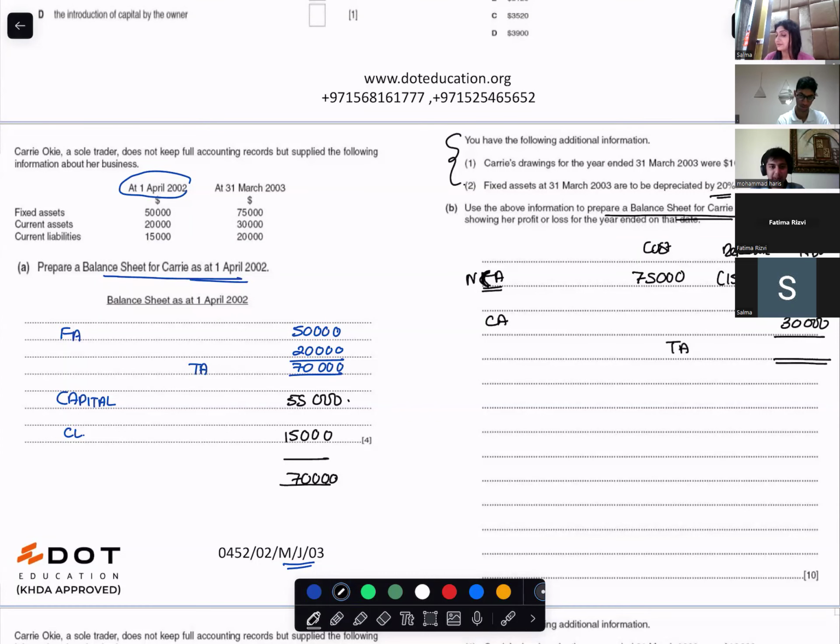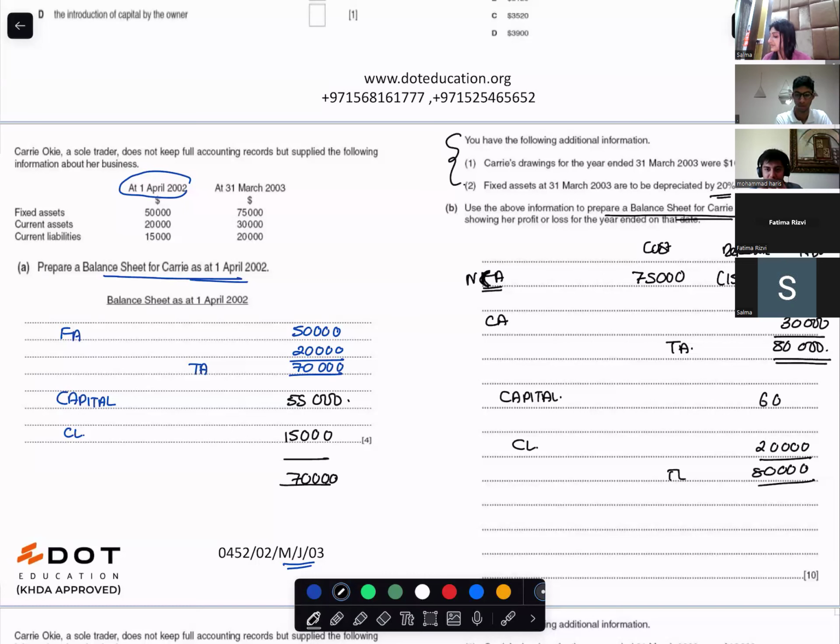I'm doing it. Total assets is how much? 80,000. Then you have capital. And what you will have? Current liabilities. Current liabilities is how much? 20,000. Total liabilities is 80,000.